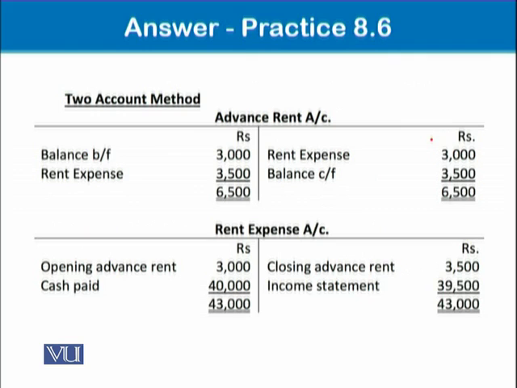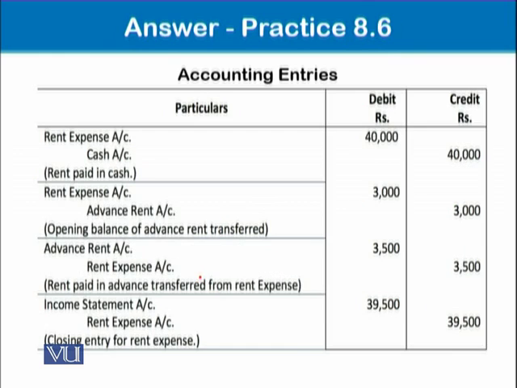Let's move forward. In this two account method, we have two ledger accounts. One is the advance rent ledger account, and the second one is the rent expense account. Whenever we make payment of rent expense in cash, we debit rent expense and credit cash, as you can see in this accounting entry, with the amount of cash paid during the year.